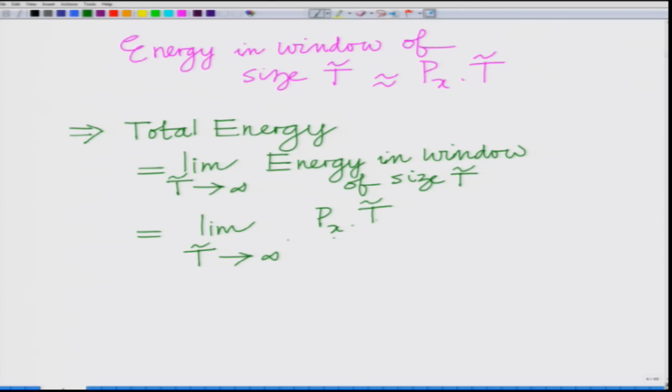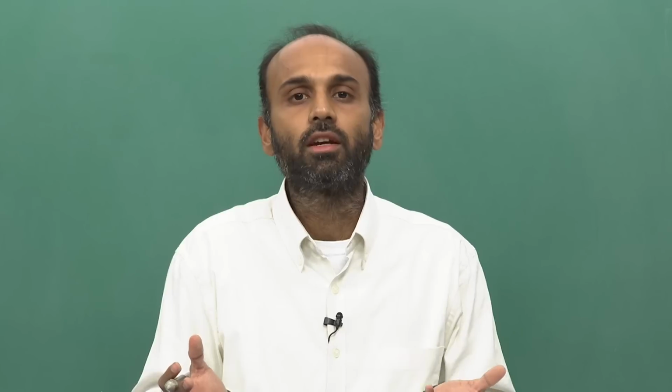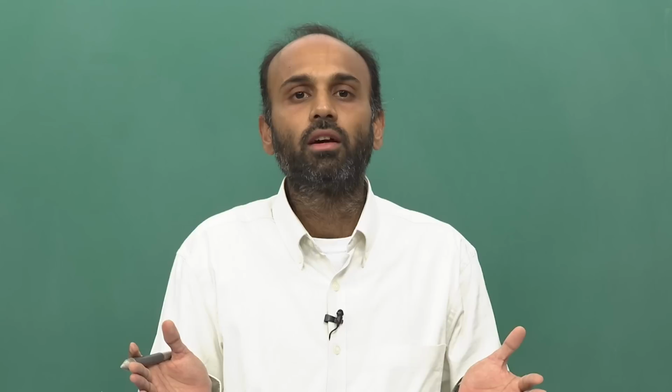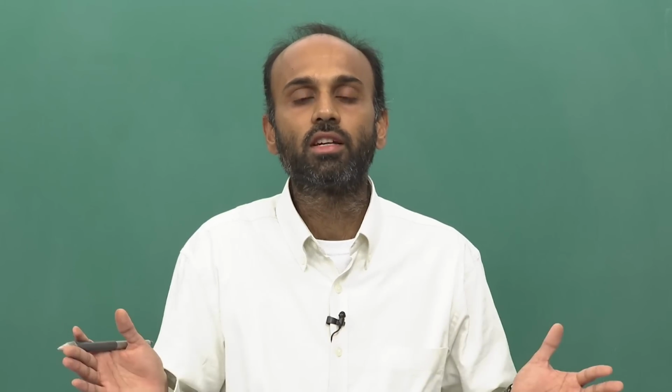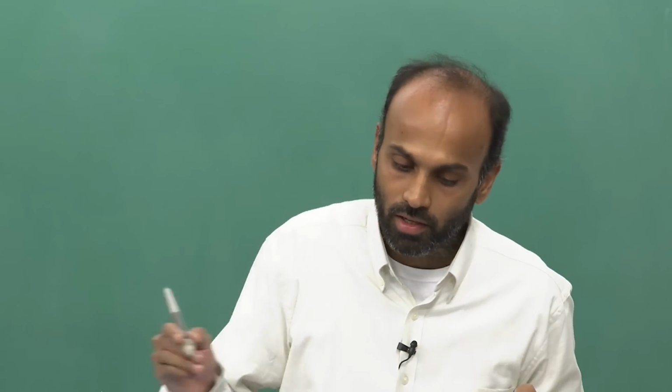P x is a constant and t tilde tends to infinity, which means this is equal to infinity. So, we have proved this by considering the energy in a window of size t tilde, which is P x times t tilde. As the size of the window tends to infinity, P x into t tilde tends to infinity, because the power is a constant. Therefore, the power in unit time is constant, and as time tends to infinity the total energy tends to infinity. Therefore, the energy of a power signal is infinity.